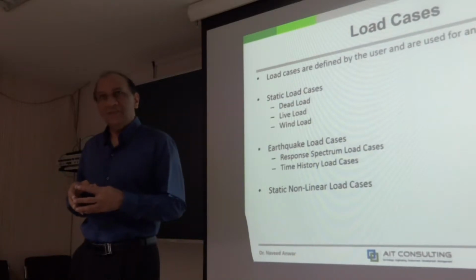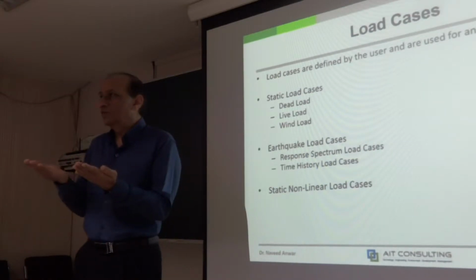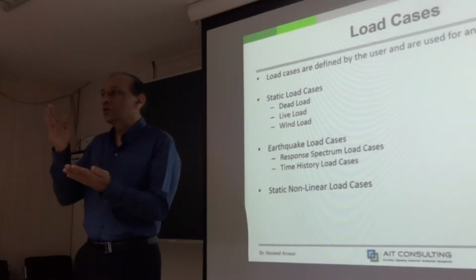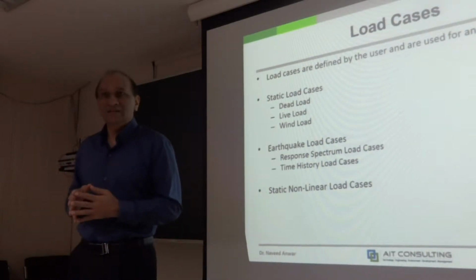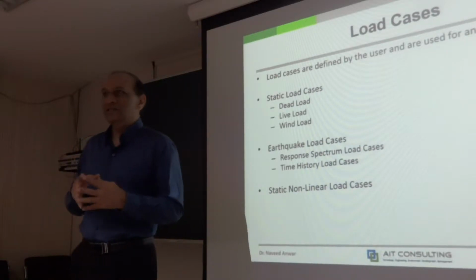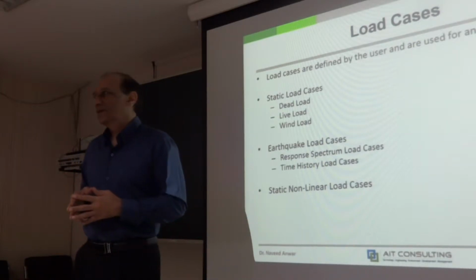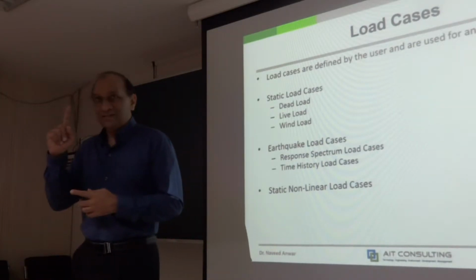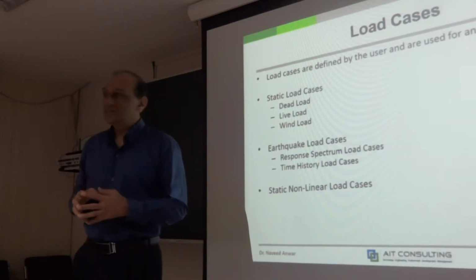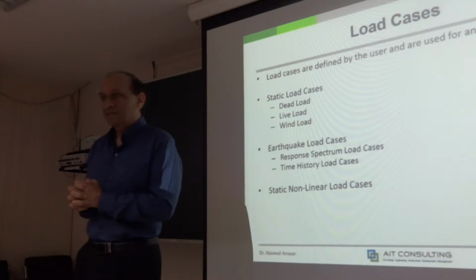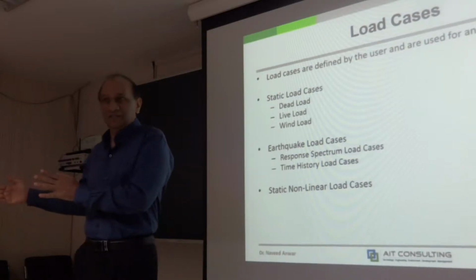Earthquake, same thing. Earthquake is started, zero time, every ground movement after every 0.001 or 0.01 second interval is a different load case. So for a typical earthquake which lasts 30 seconds, we will get around 4,000 load cases to be analyzed for one earthquake direction. Then earthquake can come from any directions, right? So you can imagine thousands upon thousands of load cases can generate, and their time bound also depend on the previous condition.